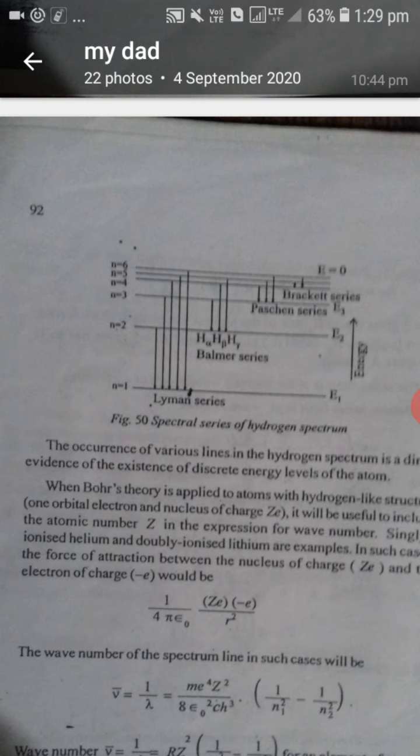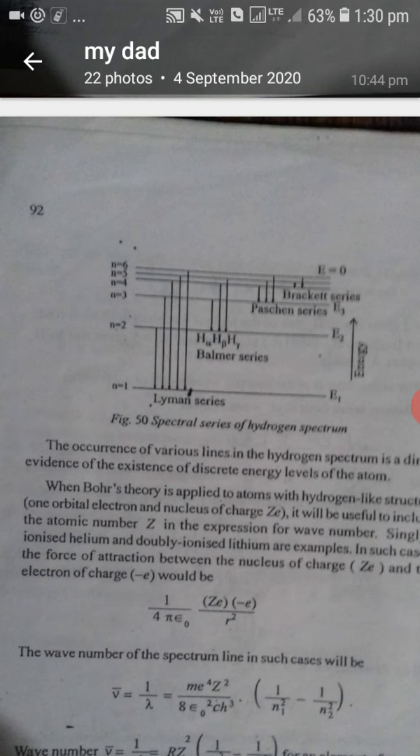Like that, Balmer series means the electron makes a transition from 3, 4, 5, 6 to the second orbit. Paschen means 4, 5, 6 to the third orbit. Then Brackett means from 5, 6 they are coming to the fourth. Then Pfund means they are coming to the fifth orbit from higher energies.